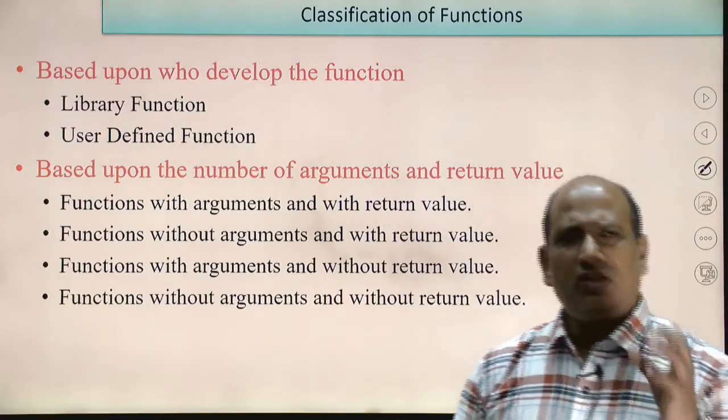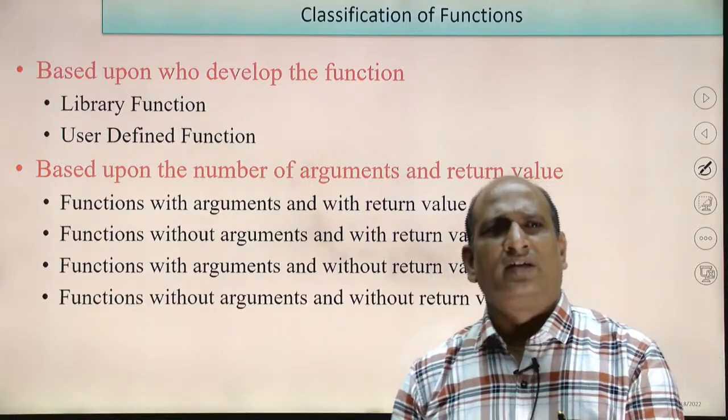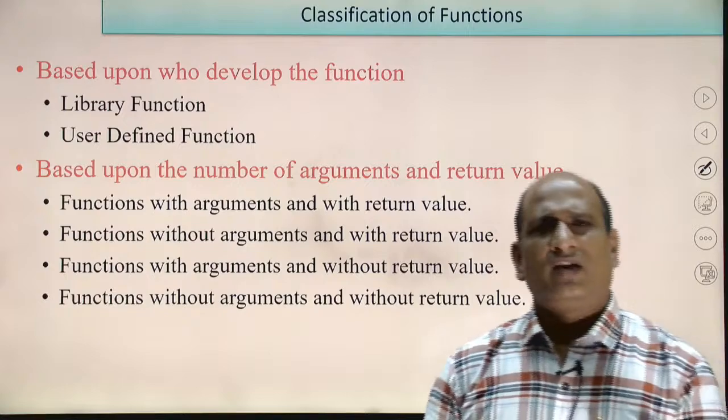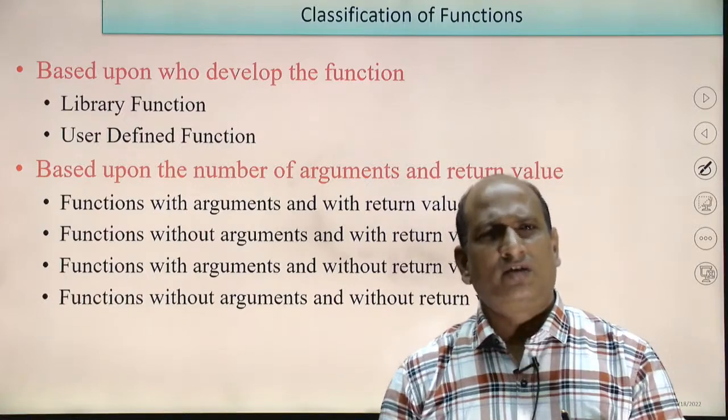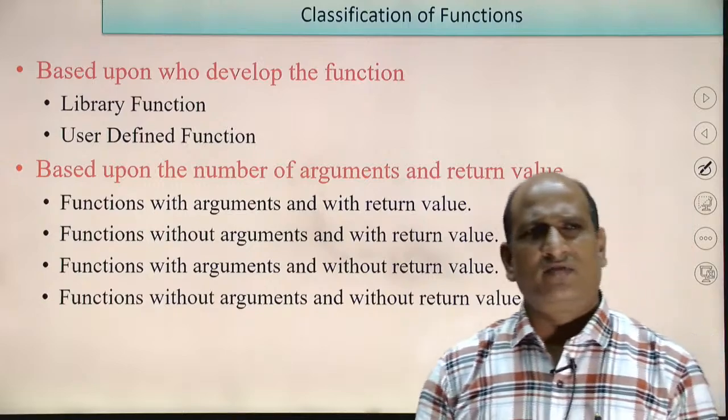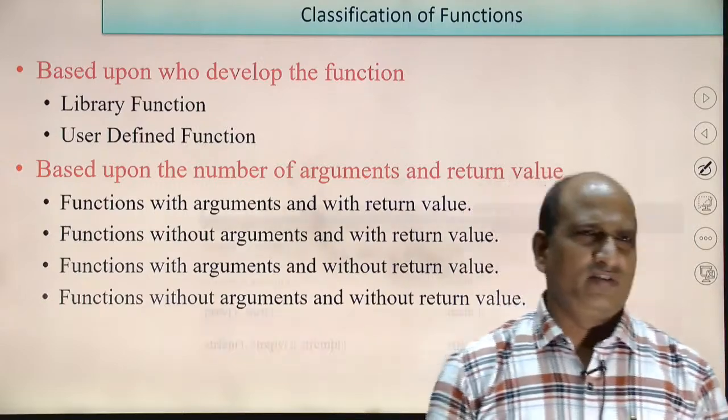On the basis of arguments and return type, functions are of four types, and on the basis of development, functions are of two types: library function and user defined function.